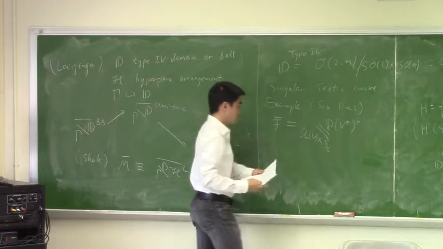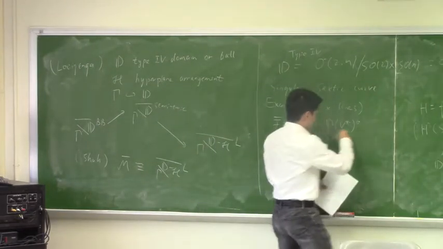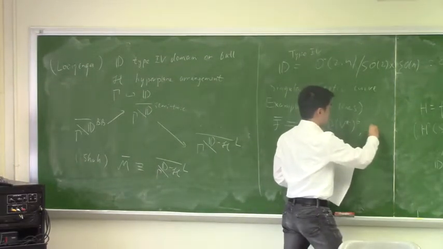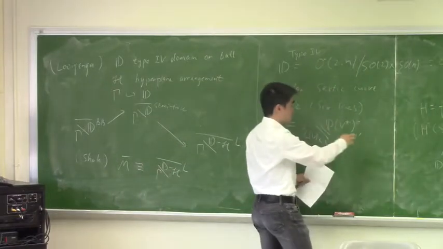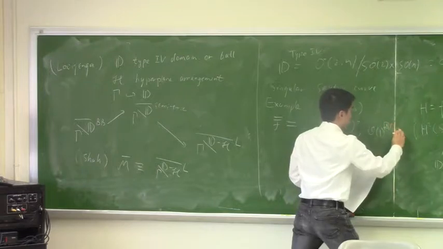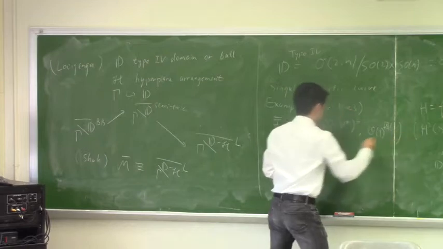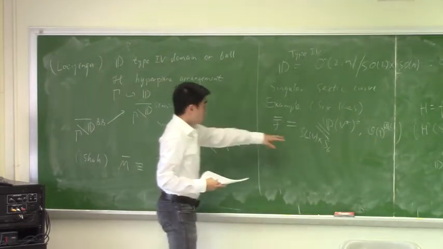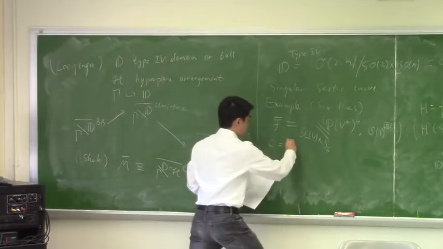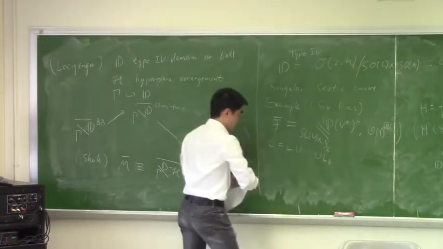So this is a permutation group of degree 6. And when we do this GIT construction, we need to specify the polarization. So when we change the polarization, the GIT quotient may be different. So in this case, the polarization is the most symmetric one. So it's a box product of O(1). And then we view 6 lines as a degree 6 curve, a singular degree 6 curve. So it's just a union of these 6 lines.